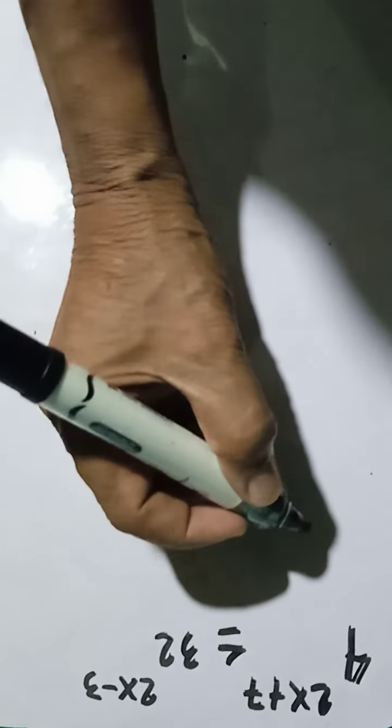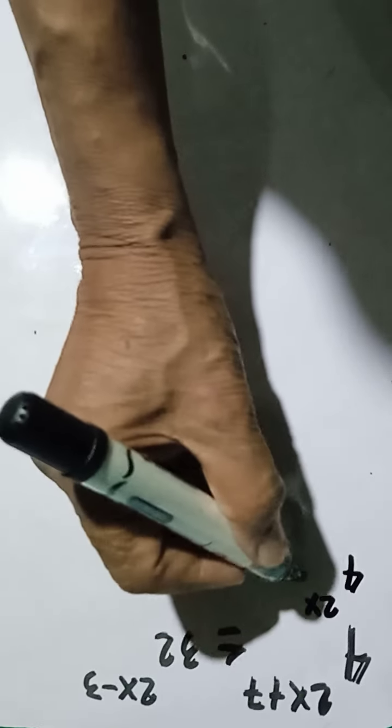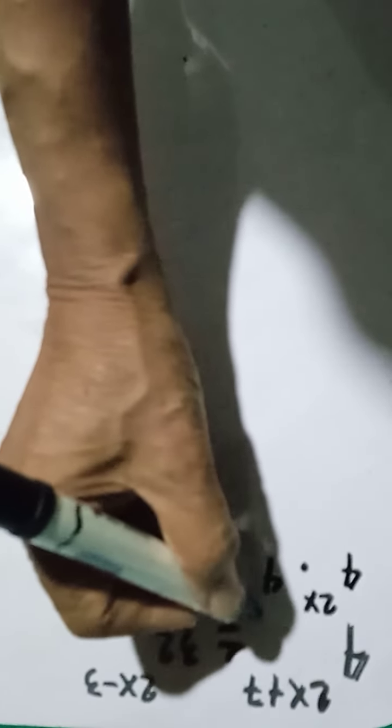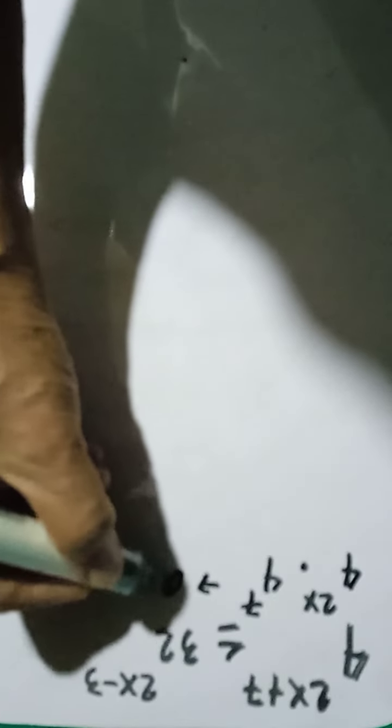So we separate this 4 raised to 2x times 4 raised to 7, because of the law of exponents, which is when we multiply a raised to x times a raised to 7 is equal to a raised to x plus 7. So it should be like that.